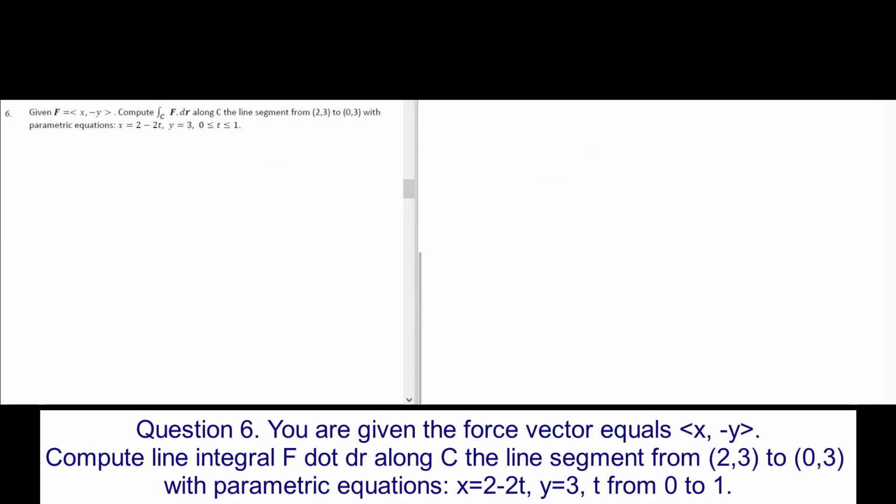Question 6. You are given the force vector F equals (x, negative y). Compute the line integral F dot dr along C, the line segment from (2, 3) to (0, 3), with parametric equations x equals 2 minus 2t, y equals 3, t from 0 to 1.